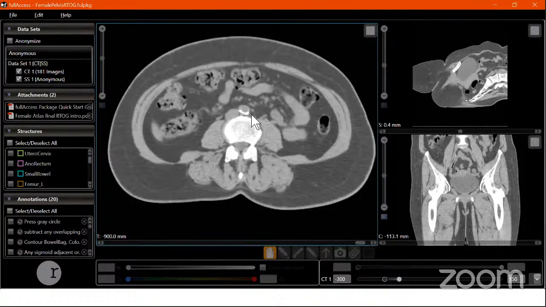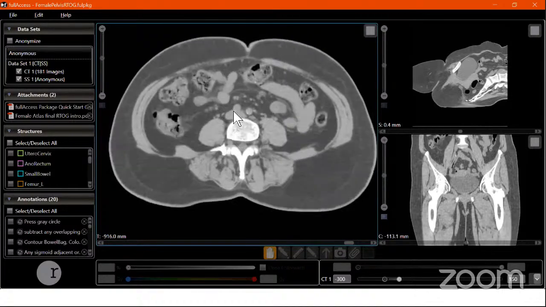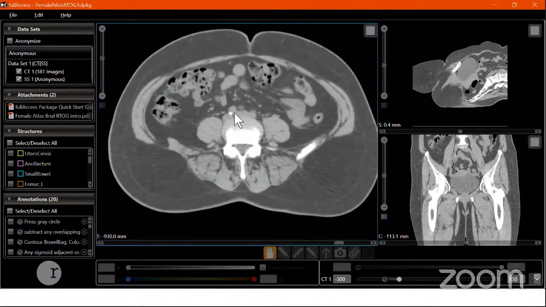So nodes, how are you going to contour? Again, the same principle given by Taylor et al. We are going to draw a 7 millimeter ring around the vessel. So that's the aorta. We cover a 7 millimeter ring around this, and then come down, and the same 7 millimeter extends right up to the lowermost part of the external iliac, which we said is at the uppermost part of the head of femur.